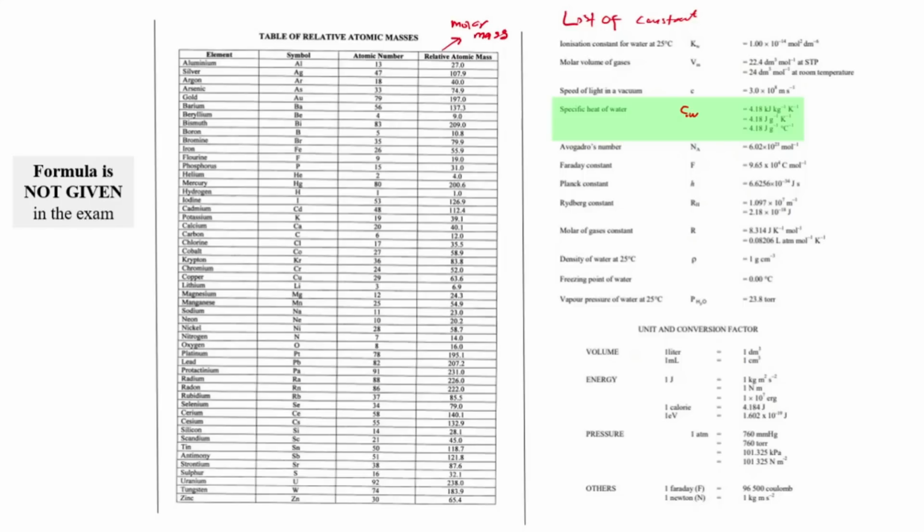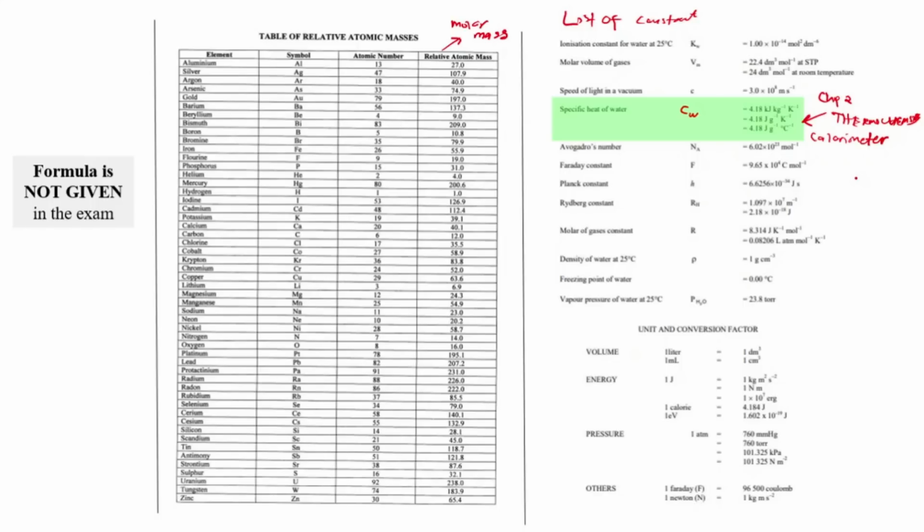The small c represents specific heat and w represents water. You'll use the value of 4.18 joule per gram per degree Celsius. This is used often in chapter 2, thermochemistry, particularly to solve problems related to the calorimeter.